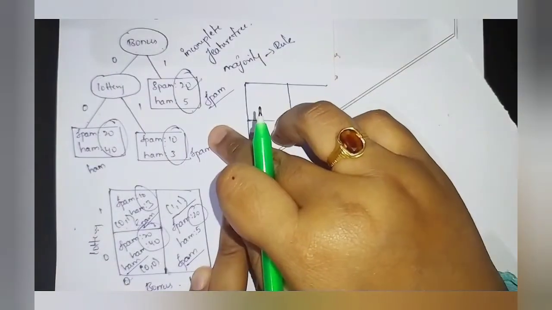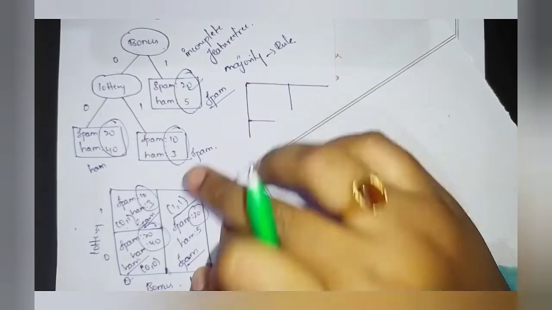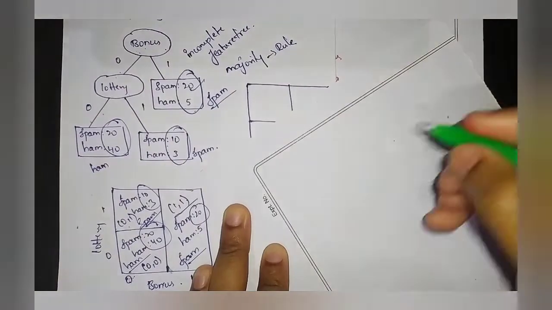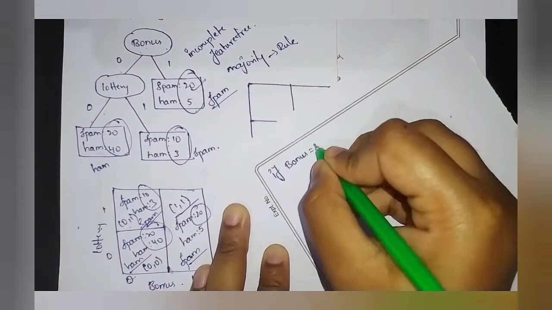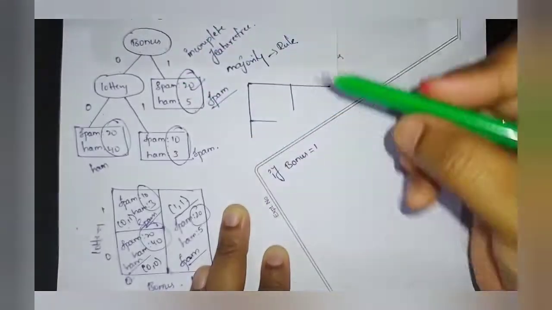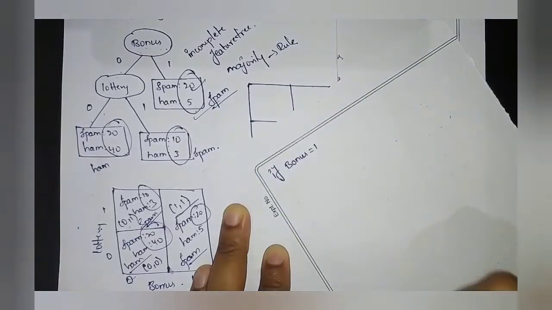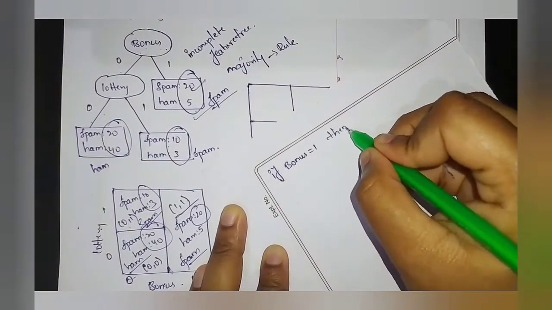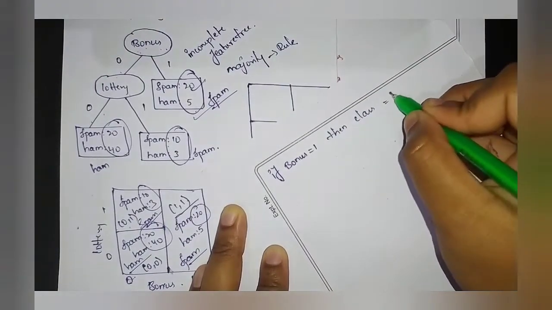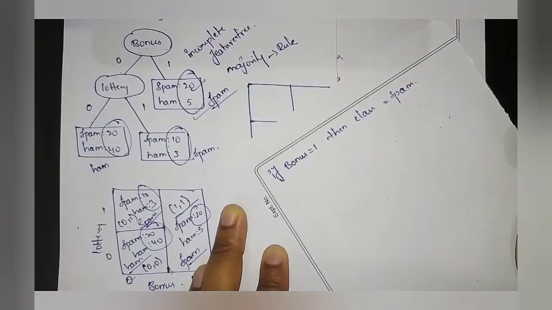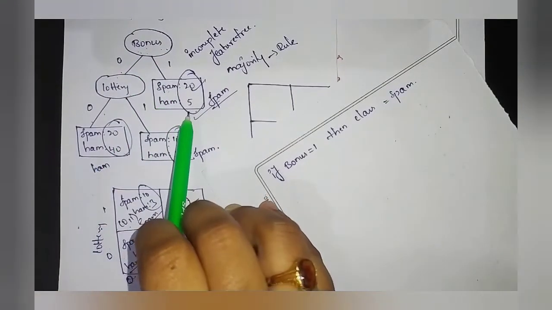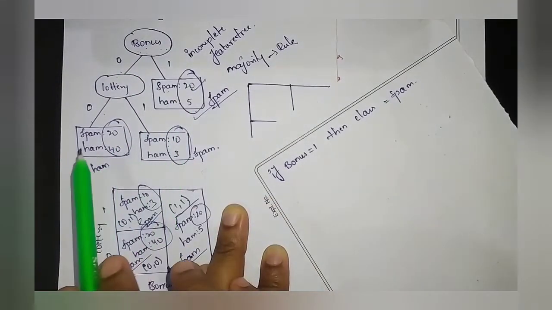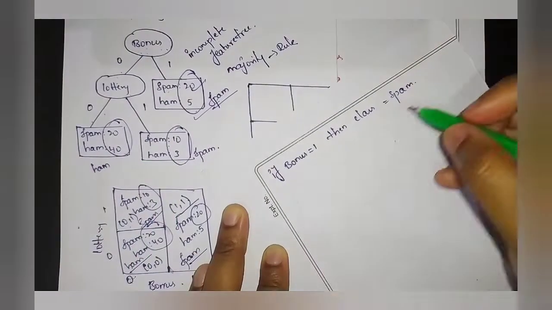Now, just consider this tree only. I'll be doing it with this tree only. So if bonus equal to 1, then the class is spam, right? Then we write class equal to spam. Or else the case is 0. Now to state these two cases, how will we write this?